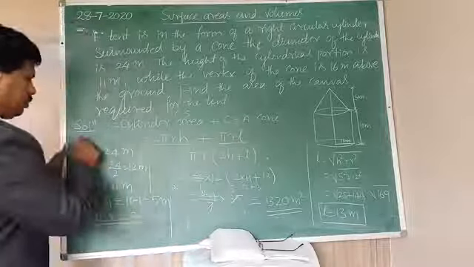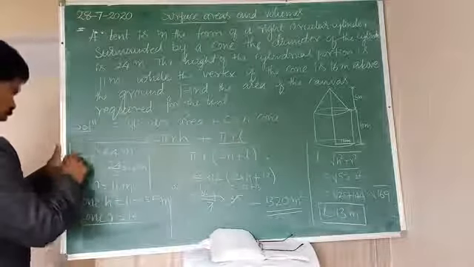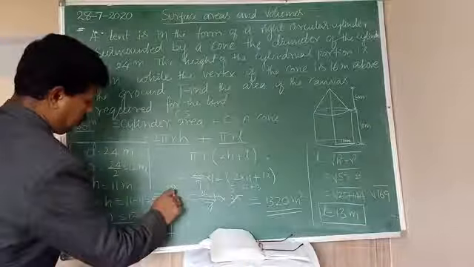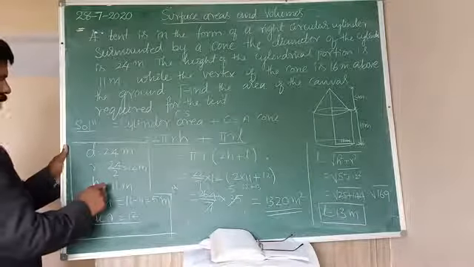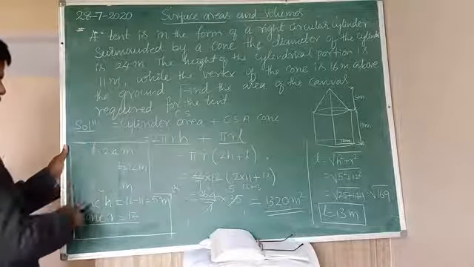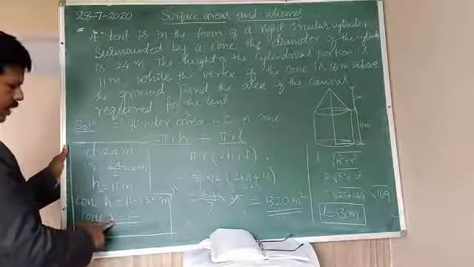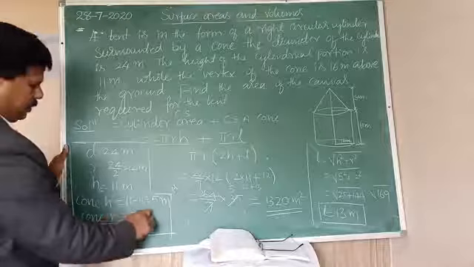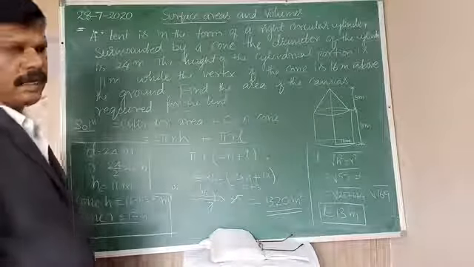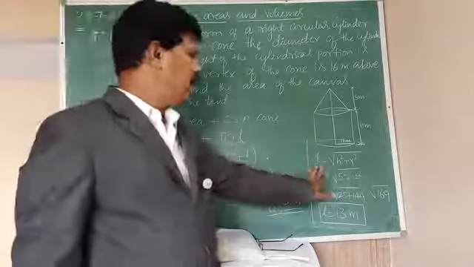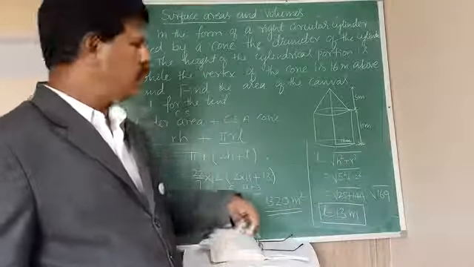Then here what is given? So diameter, then radius, height of the cylinder, this. Then cone height, cone radius, same 12 meter. Then we want the slant height. So slant height is given by L is equal to square root of h square plus r square.